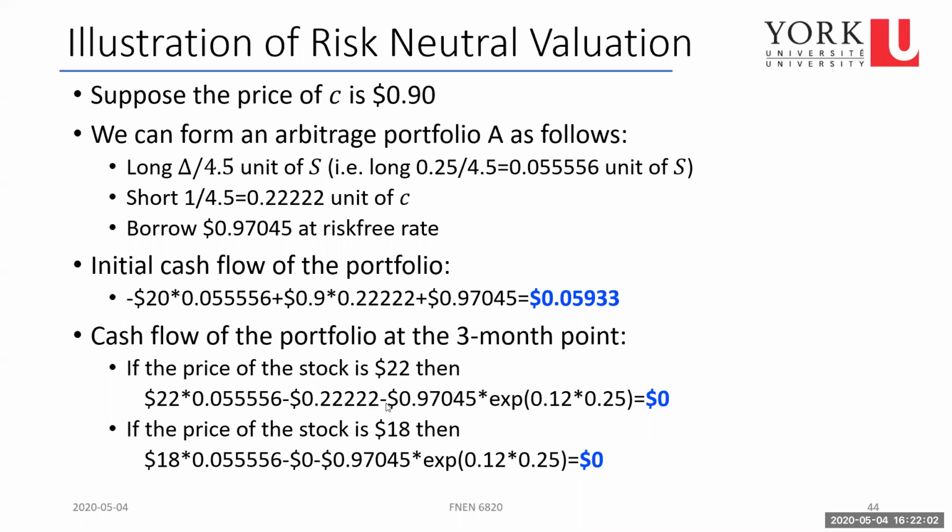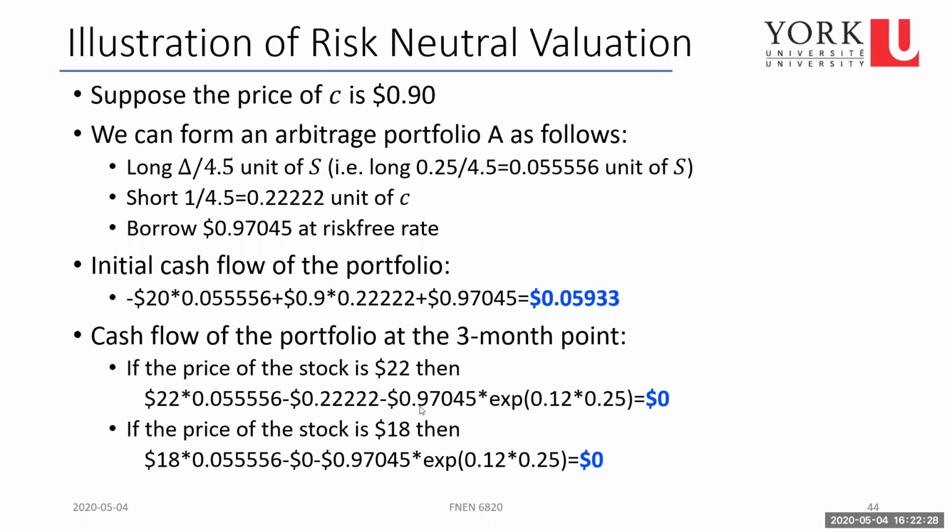So you have to subtract 0.97045, and you have to pay back with interest. So you multiply by e to the power of 0.12 times 0.25.